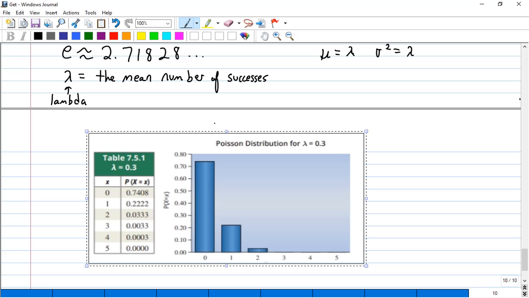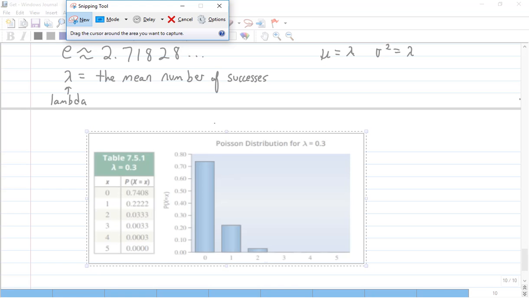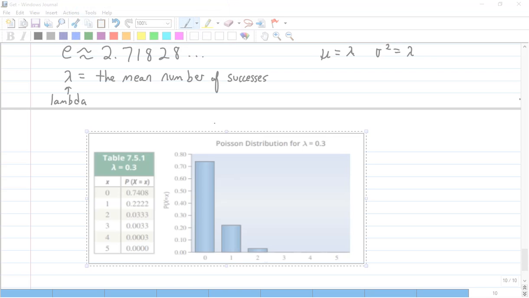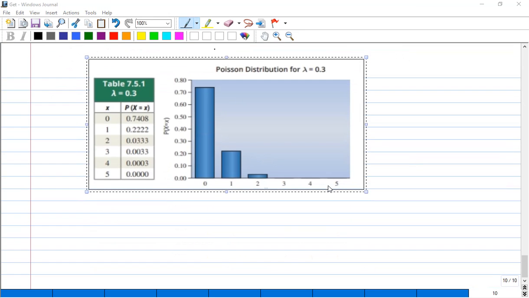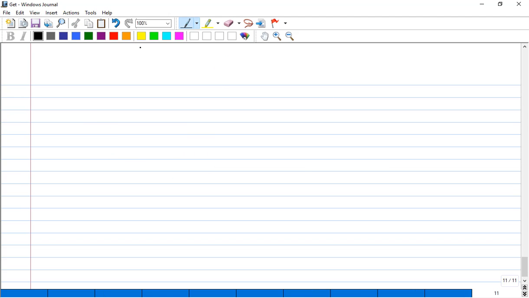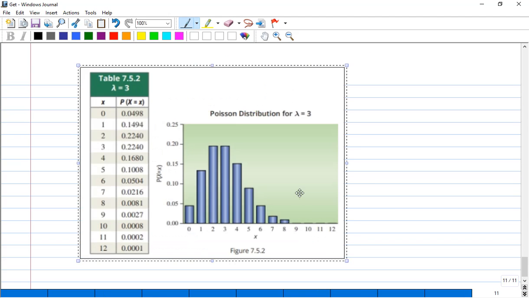But as the values of lambda change, of course, the distribution is going to look a little different. So here's another Poisson distribution where lambda is equal to 3. Remember, lambda is a mean.